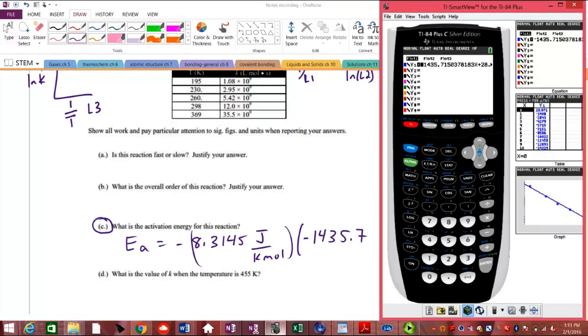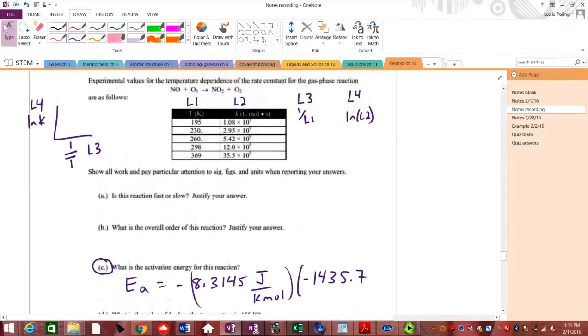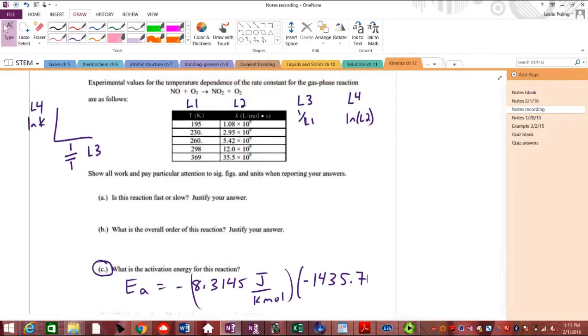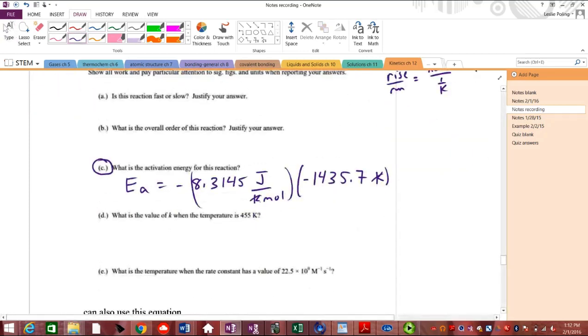And the units for slope, what are the units of slope? We've got natural log over, it's rise over run. The rise, natural log, has no unit, and then the run is 1 over Kelvin. So the slope is in Kelvin. So Kelvin cancels, and our answer is joules per mole, which is a good unit for energy.